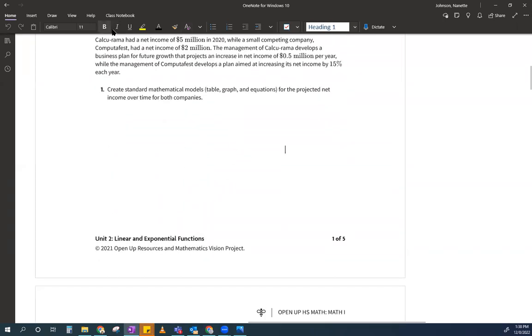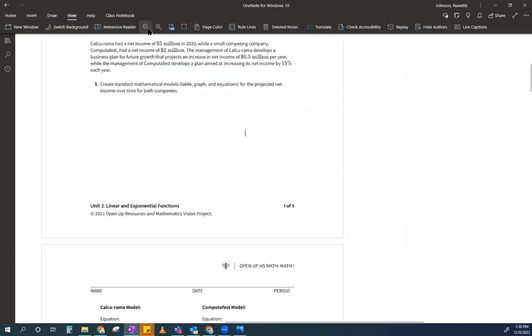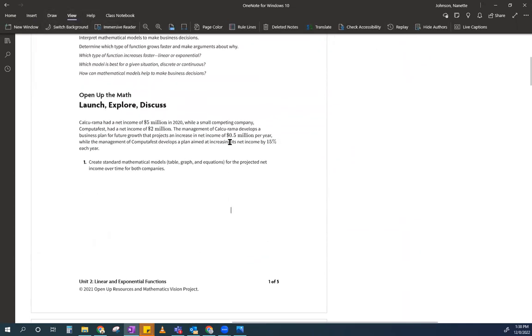So let me make this a tad smaller so I can look at that plus my equations. So anybody have any clues on this right here? It says a net increase of $500,000 per year. What does that sound like? Yeah, it's increasing. Both of them are increasing, right?